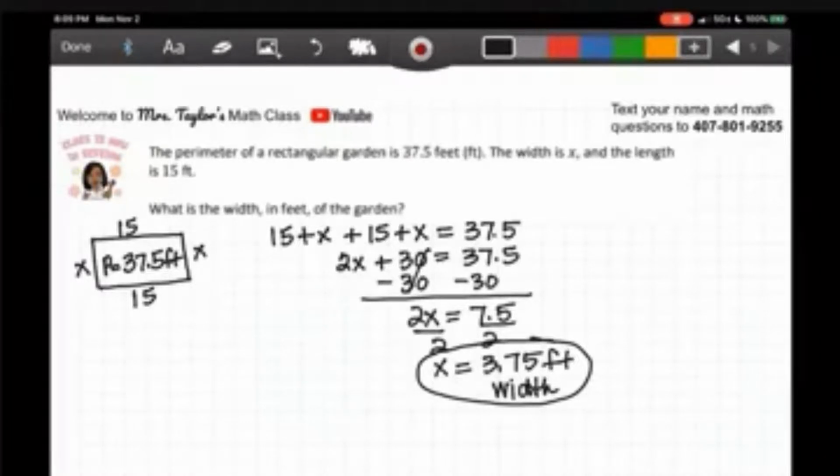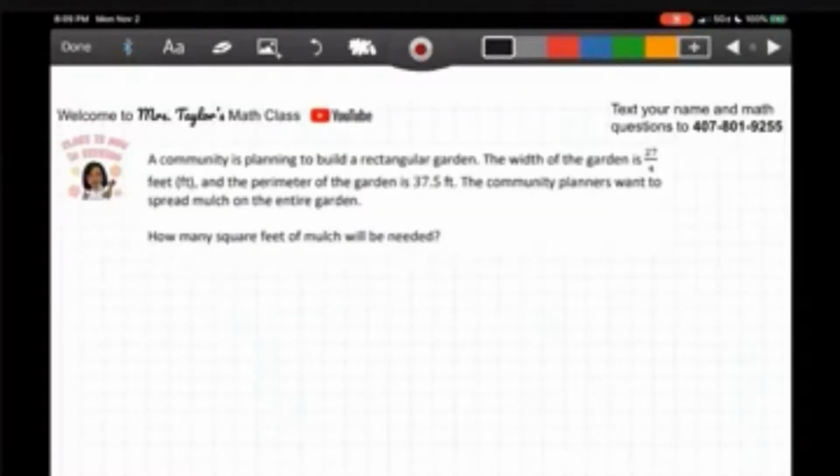So here's another 7th grade question. It says a community is planning to build a rectangular garden. The width of the garden is 27/4 feet, and the perimeter of the garden is 37.5 feet. The community planners want to spread mulch on the entire garden.